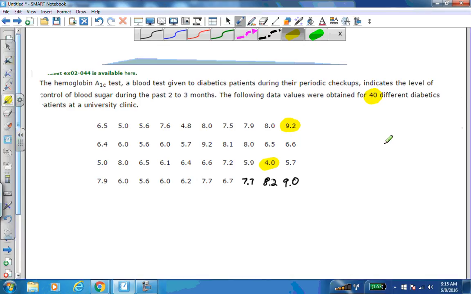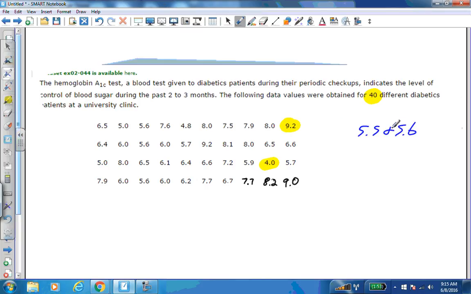Some of them are repeated, yes, but there's not a huge difference between 5.5 and 5.6, for example, or 6.5 and 6.6. Those are relatively close. So what they've asked us to do is group these into classes or bins.